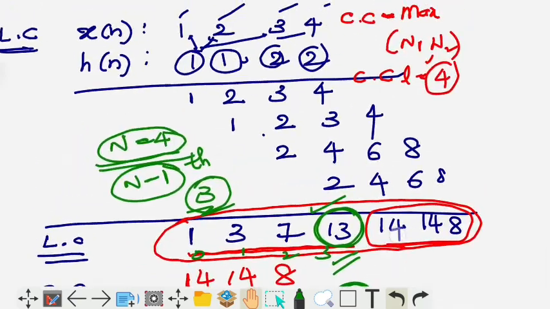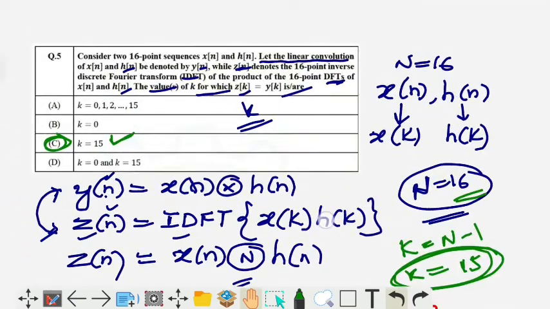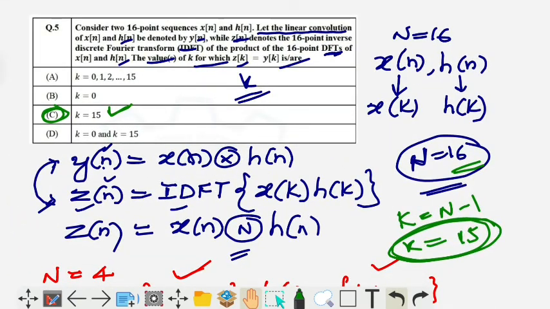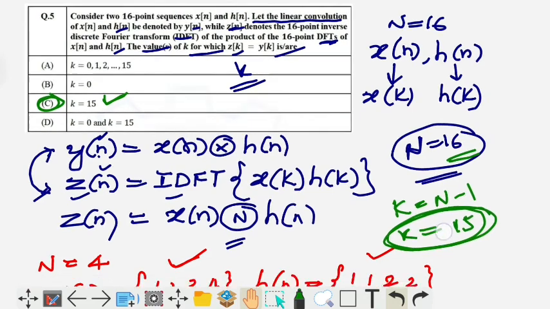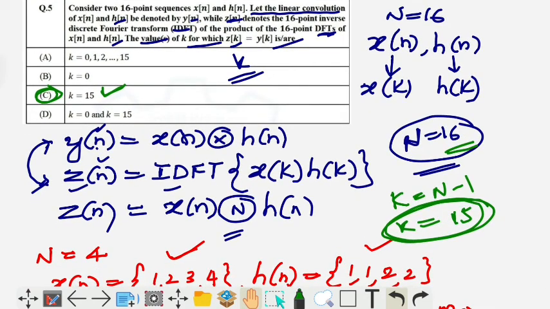After arriving at this conclusion, we applied it to this question for the sequence of length n equal to 16, and we arrived at k is equal to 15 as the place where the linear and circular convolutions have the same value. Thus the answer for this question is k is equal to 15. Option C is the correct answer.